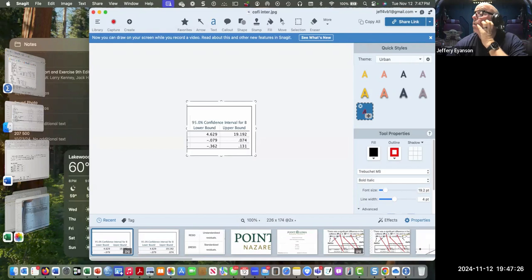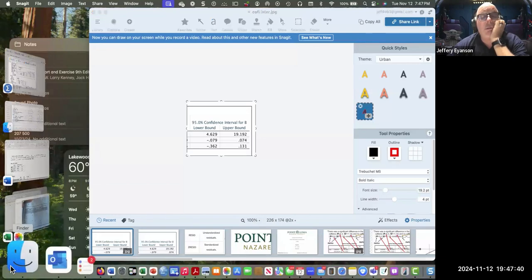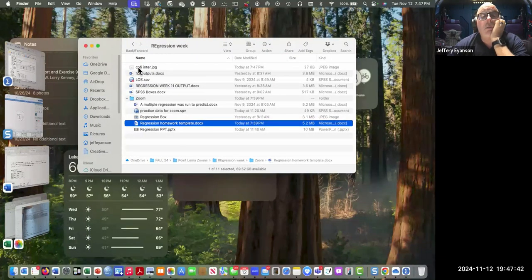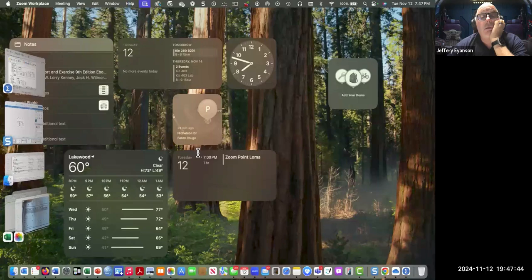Chat. Ooh, I don't think I can add a file here. That's not cool. Ooh, it doesn't like that at all.